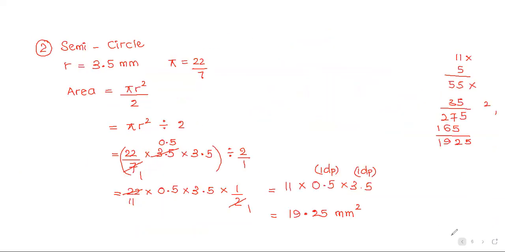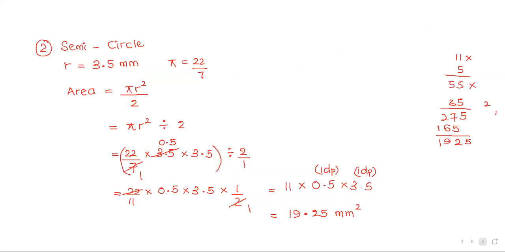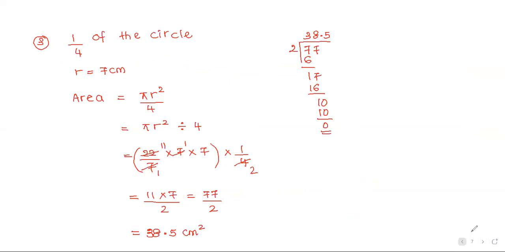Now we'll see that these are the 5 questions we had. The first one we had to find the area of the full circle. Then the second one we found the area of the semicircle. And the third one we found the area of the quarter circle.